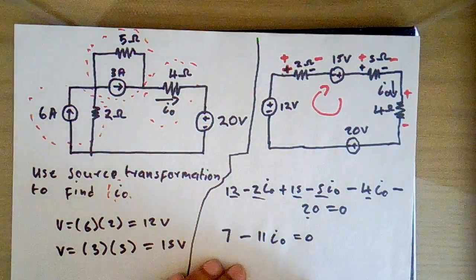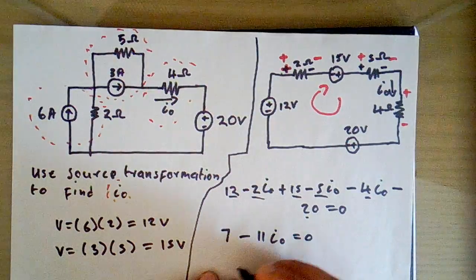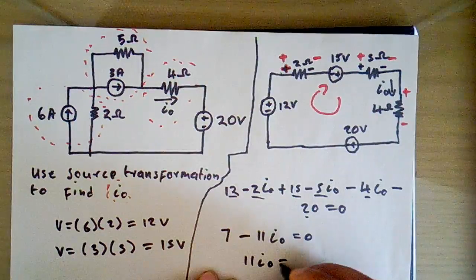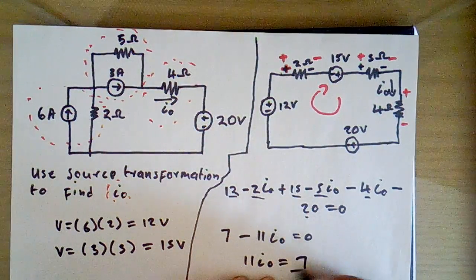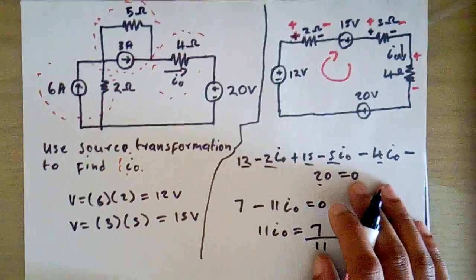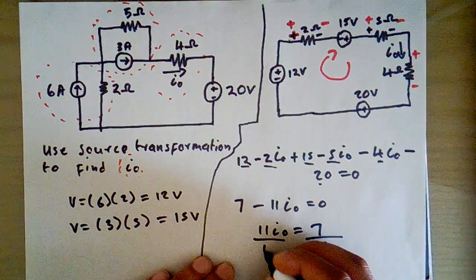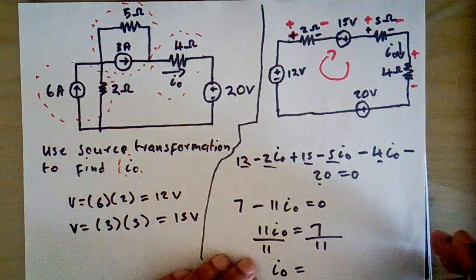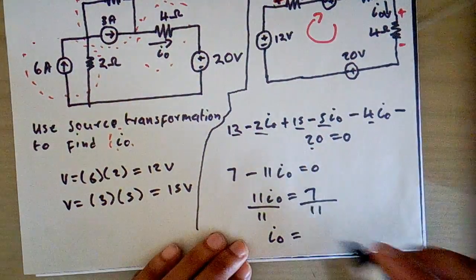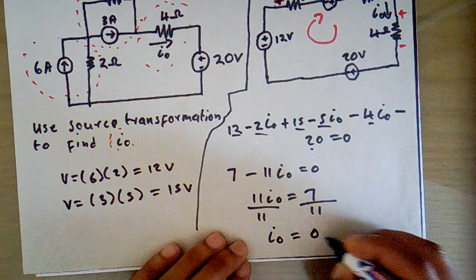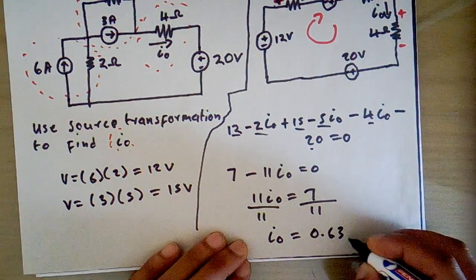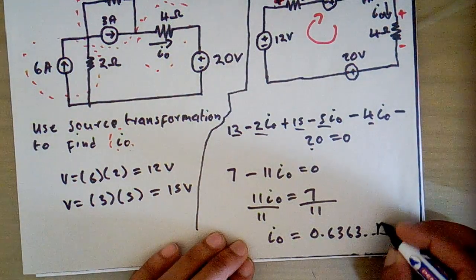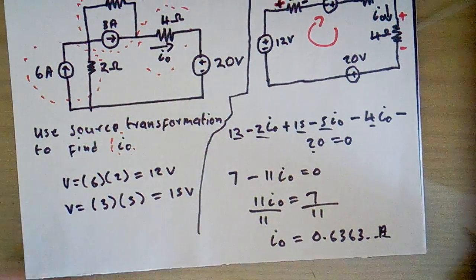Taking this to the right hand side, this will be equals to 7, and you can just divide 7 by 11. And our current here will be 0.6363. You can leave it at 3 decimal places or 4 decimal places, it's up to you.